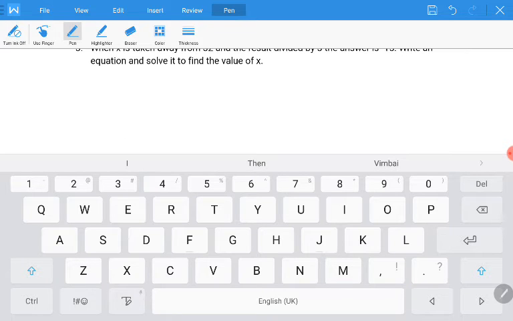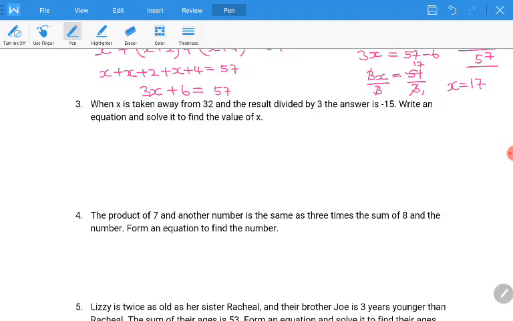Let me create some space. So it's saying when x is taken from 32, so that's 32 minus x, and the result is divided by 3, the answer is equal to negative 15.